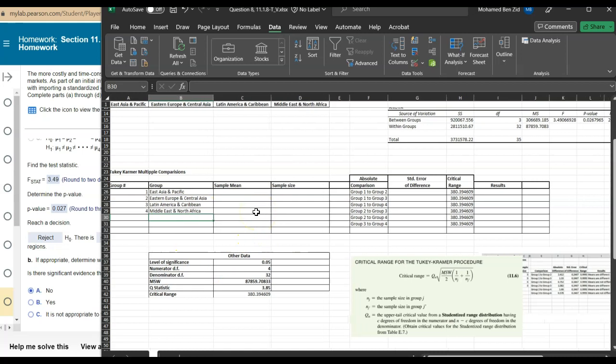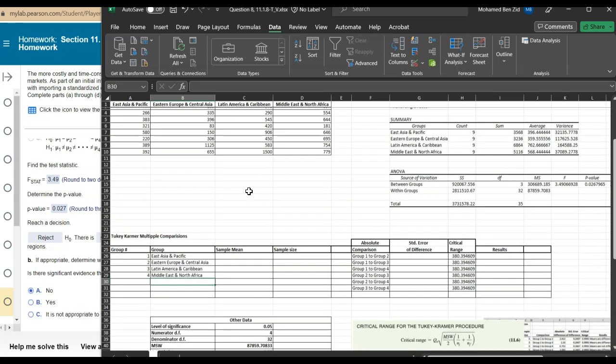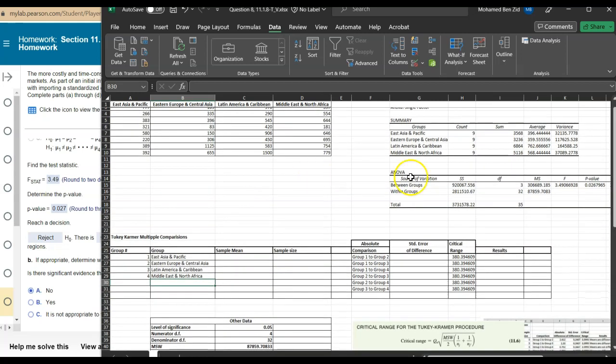Now what I'm going to do is the sample mean for each group, right? So now the sample means, actually they are given to you in the ANOVA test. So these exact values, and they are in the same order, all right? So the only thing you gotta do is equal sign, click on the first one, the average here, enter, and if you drag this one, the rest can be dragged.